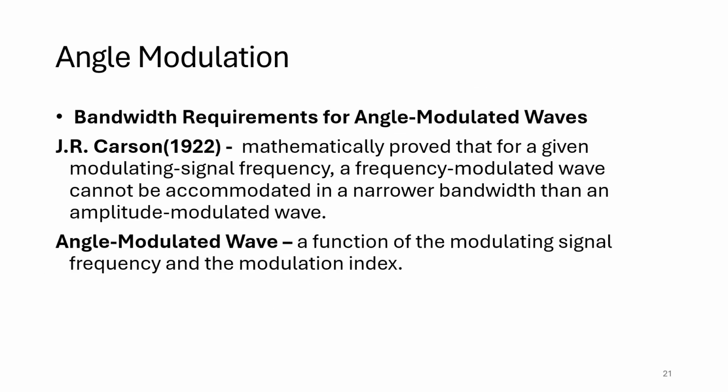From the preceding discussion, it can be seen that the bandwidth of an angle modulated wave is a function of the modulating signal frequency and the modulation index. With angle modulation, multiple sets of sidebands are produced, and consequently the bandwidth can be significantly wider than that of an AM wave with the same modulating signal.